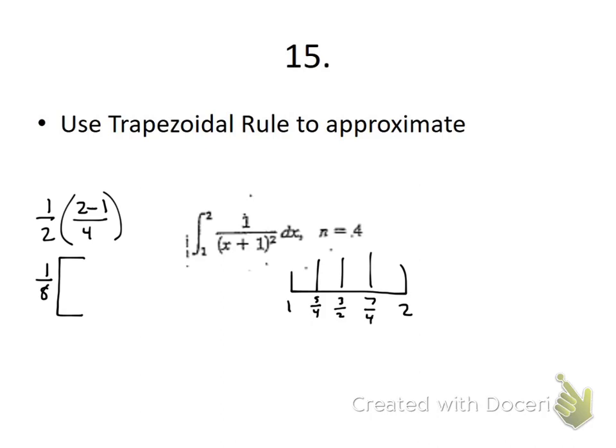So 1/8 times f of 1 plus twice f of 5/4, plus twice f of 3/2, plus twice f of 7/4, plus just 1 of f of 2.